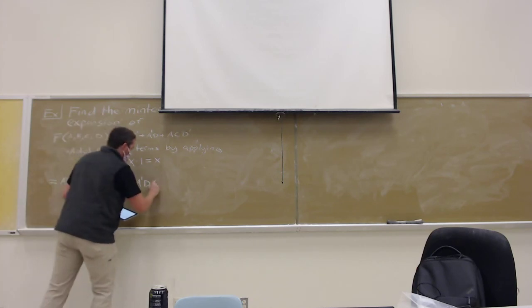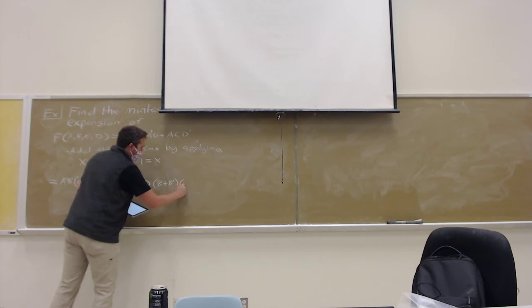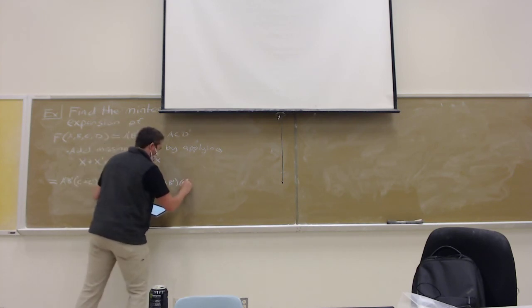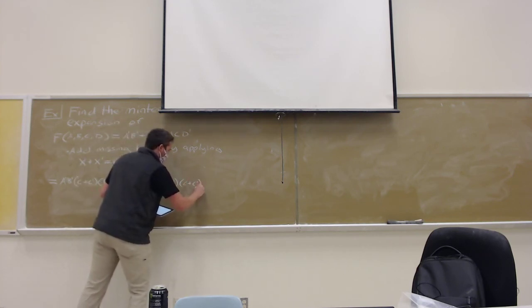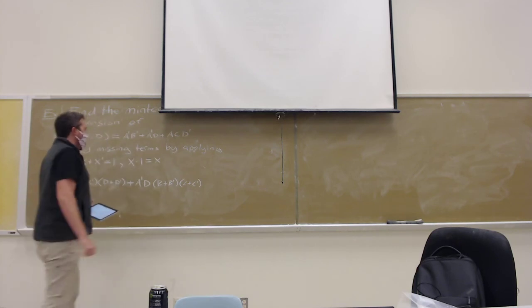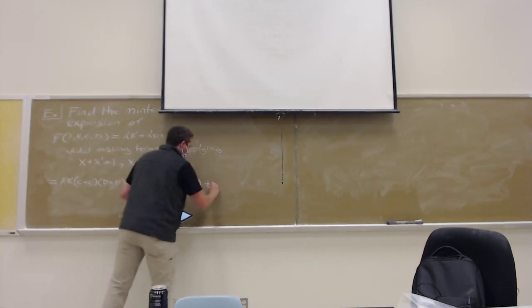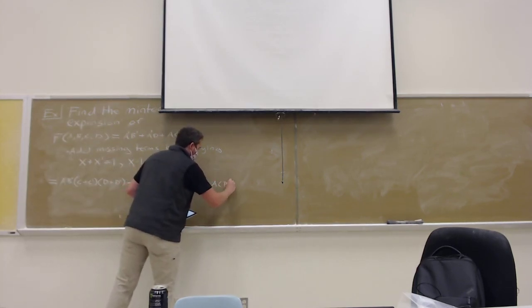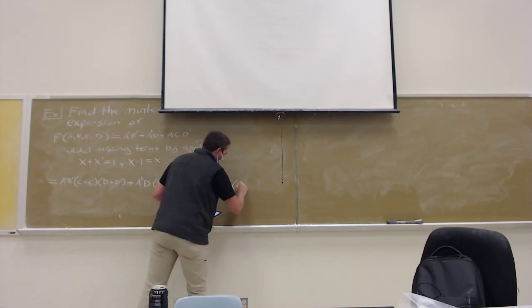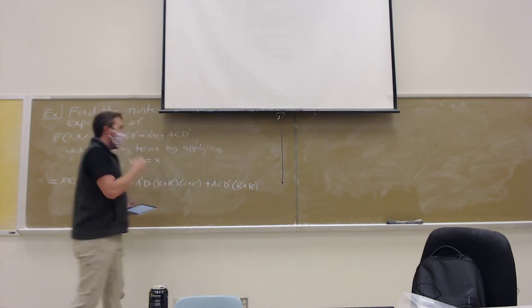Yeah, it's B and C, so AND (B or B') and (C or C'). Finally, A C D' is missing B, so we're going to put in (B or B').